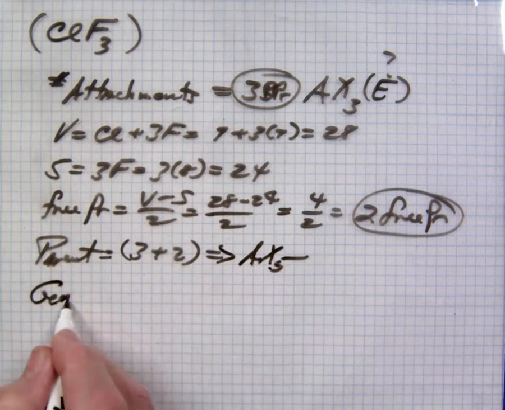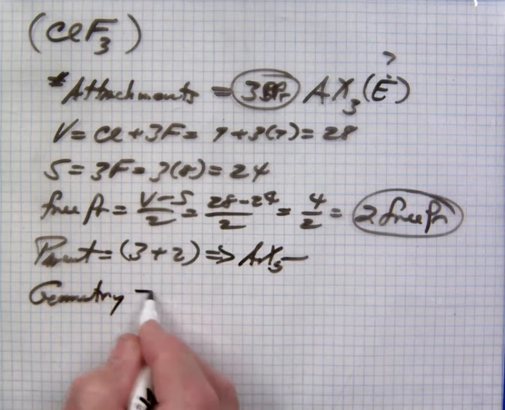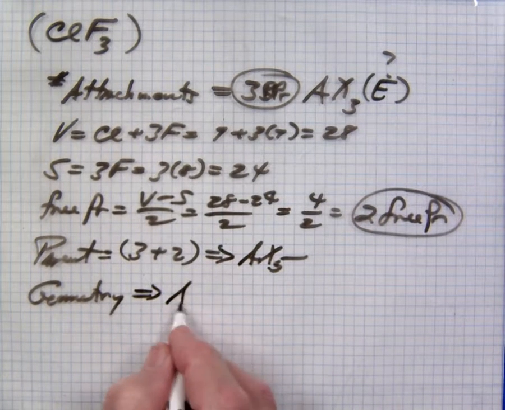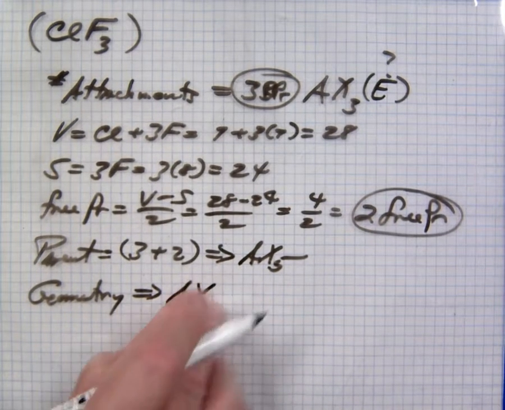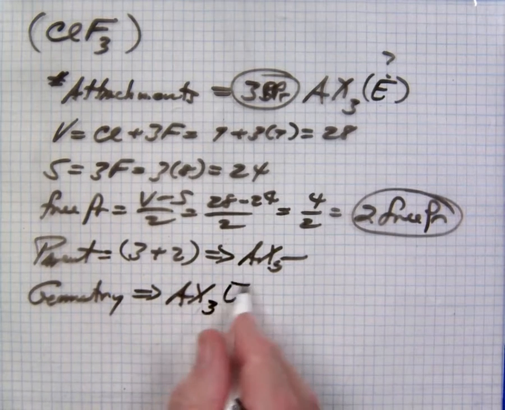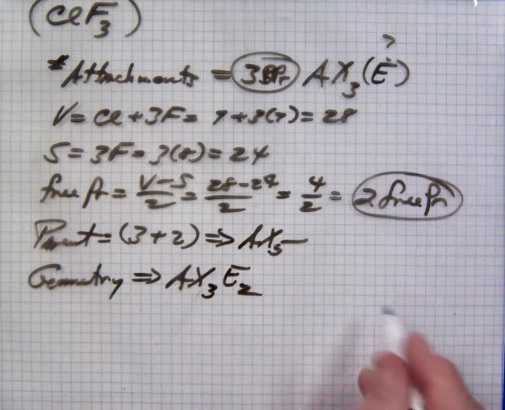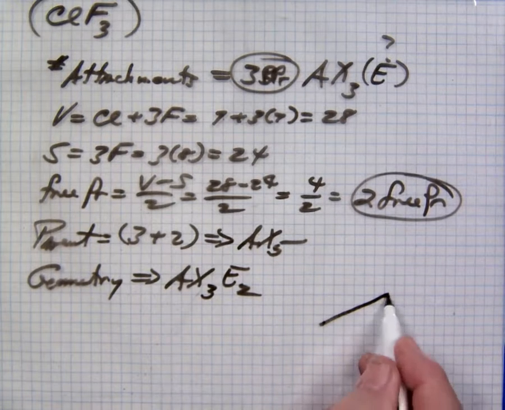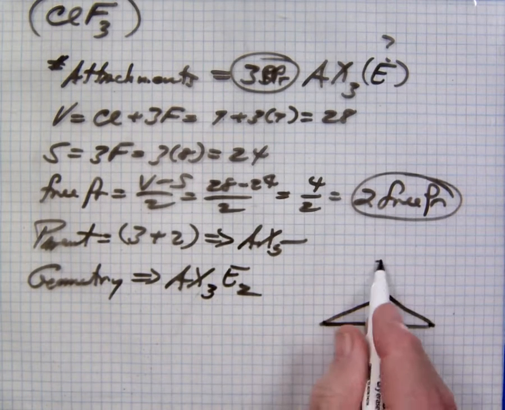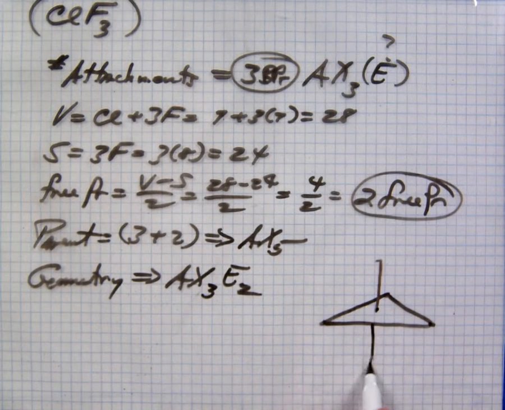And the geometry, when we finish with this, is an AX3E2. And we draw our lazy triangle like that, straight up and down.